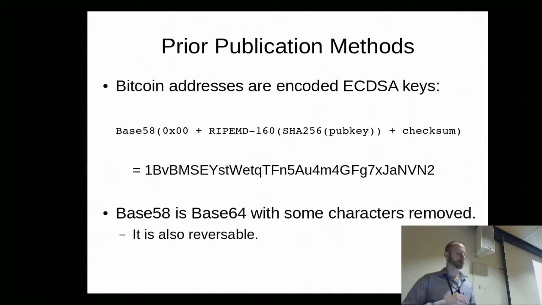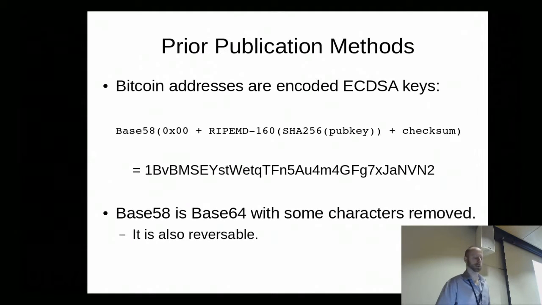So now I'm going to go into the first method that somebody used to put data into the blockchain. A little bit of background on this first. To generate a Bitcoin address, this would be basically how it's structured. You start with an ECDSA key, the public key, and you run two hash functions on it.